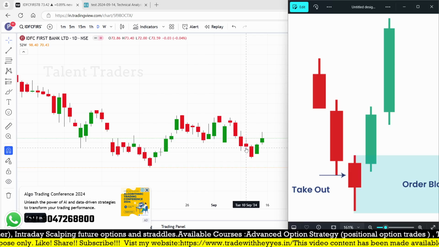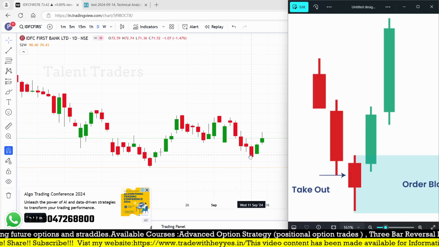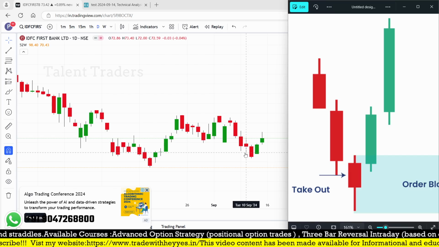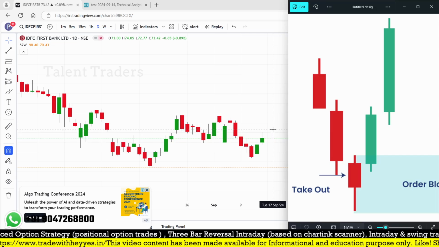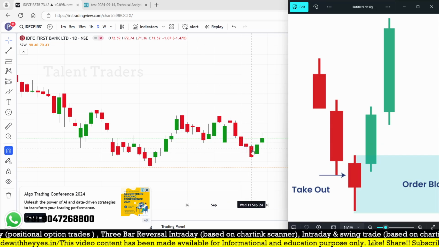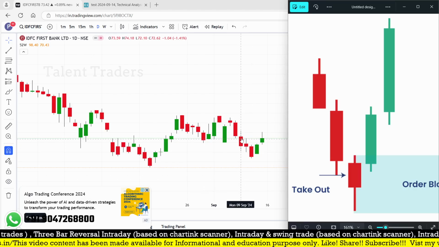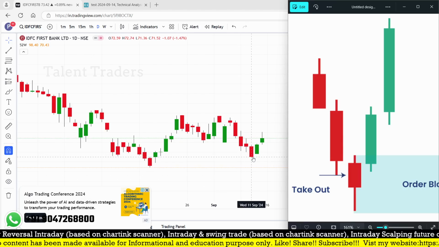So 1 and 2 and 3, and this low should be greater than the previous one, and the body closed less than this, and the next day is a big candle, and the next day maybe here is an order block. So we only have to add a few more conditions.